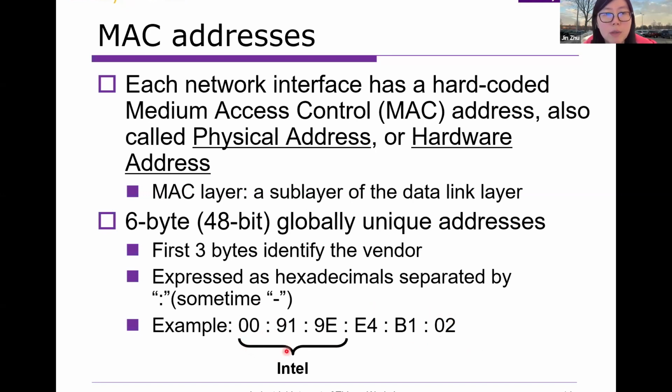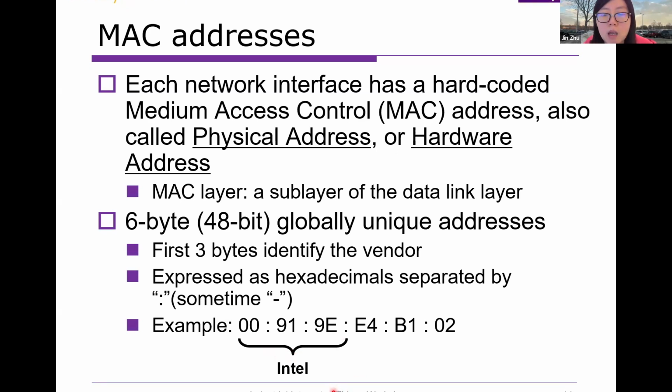The first 3 bytes, the first 3 hexadecimal numbers, indicate which vendor it is from. For example, in this example, we're showing this is from Intel.